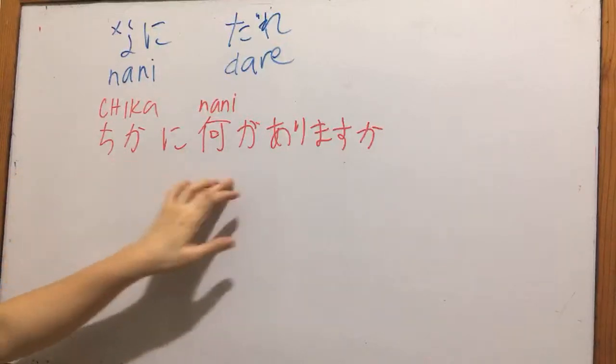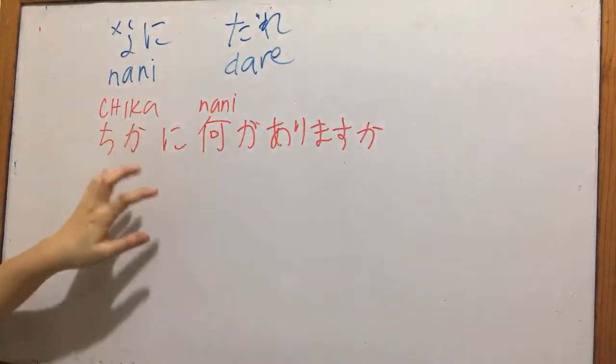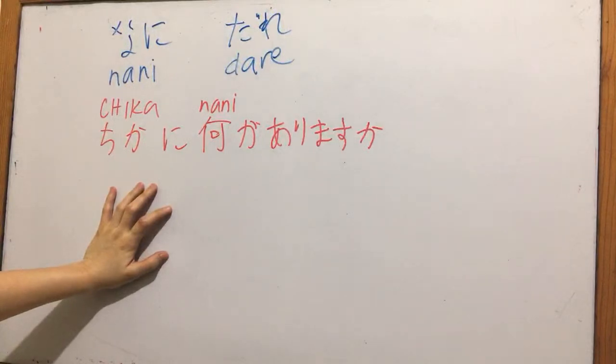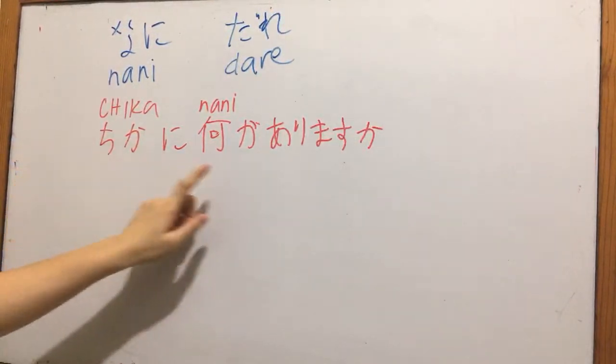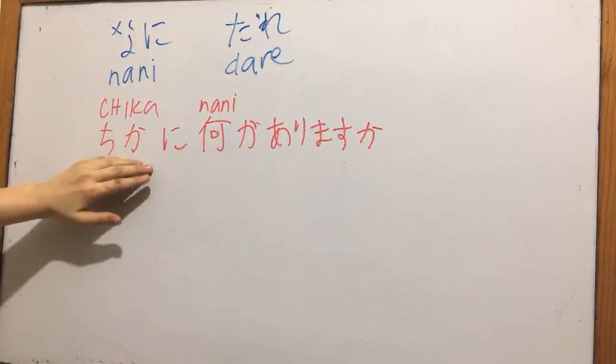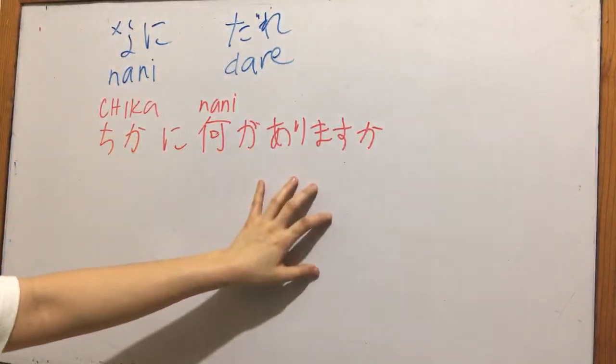So we have chika ni nani ga arimasu ka? So our question is, what is there in the basement? Okay, what is there in the basement? Chika ni nani ga arimasu ka?